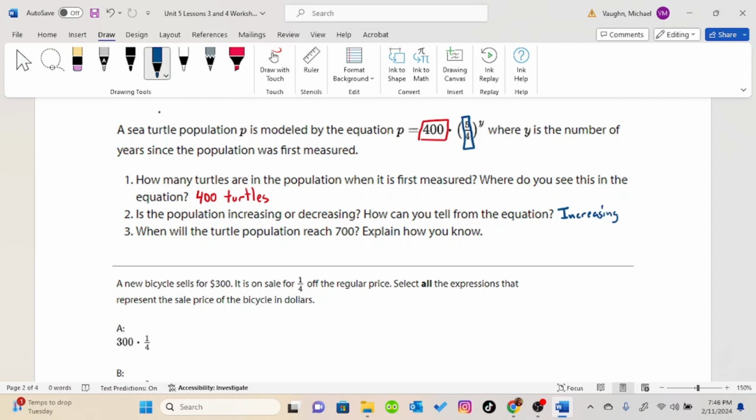It's equal to 1.2. So it's increasing because the factor is greater than 1.